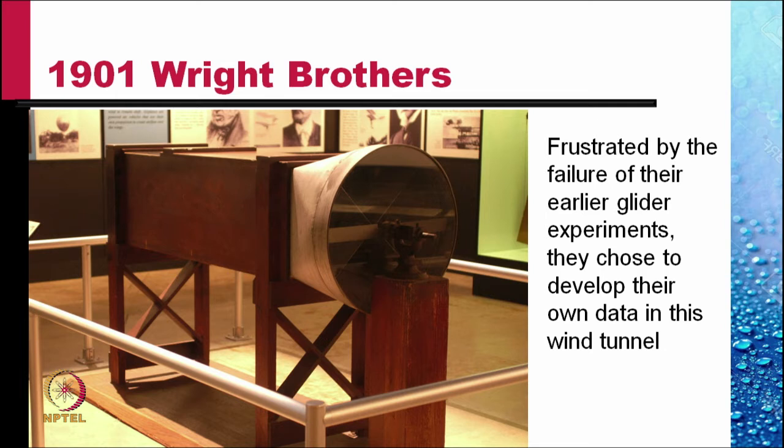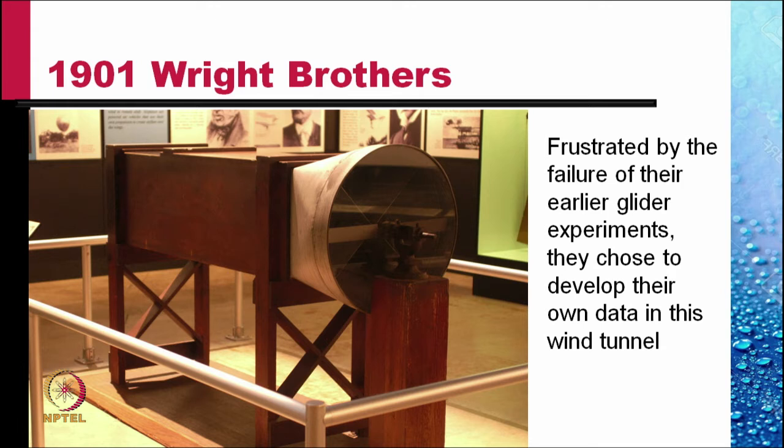Frustrated by the failures of their earlier glider experiments, they chose to develop their own data in this wind tunnel. They designed a structure in which a fan sucked air through a tube, a rectangular tube of cross-sectional area 1 foot square in this case, and they tested the design of their wings in these.